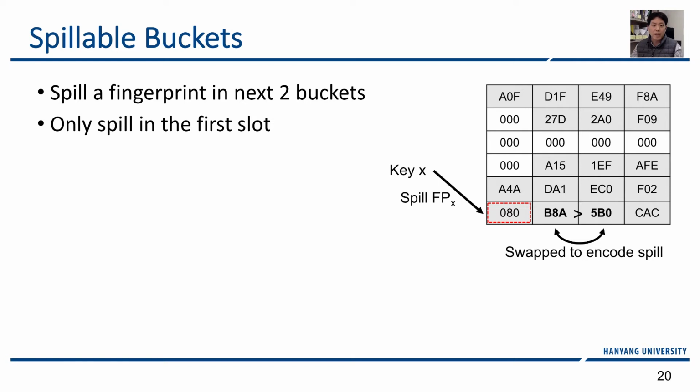Then we encode the fact that the first slot stores a spilled fingerprint in the bucket. If the second slot's fingerprint is larger, then it means that the spilled fingerprint is in the first slot. Spillable buckets reduce eviction by spilling a fingerprint into a nearby bucket that is likely to be in the cache.